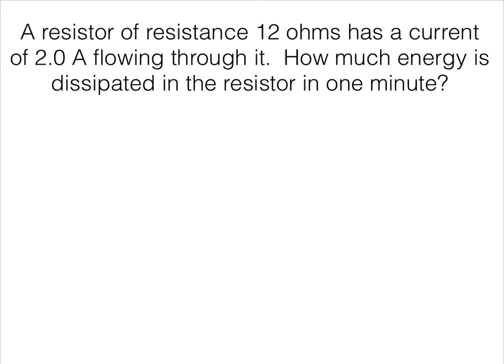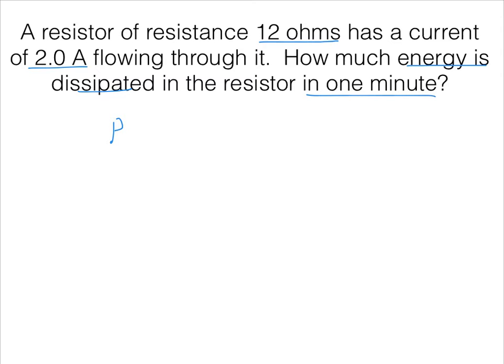All right, so now we go into a resistor of resistance 12 ohms has a current of 2 amps flowing through it. How much energy is dissipated in the resistor in 1 minute? All right, well, it says energy dissipated in 1 minute. So that's energy in time. So that should clue off that I'm looking for power here. So if I look at power, I'm given resistance in ohms, and I'm given current.